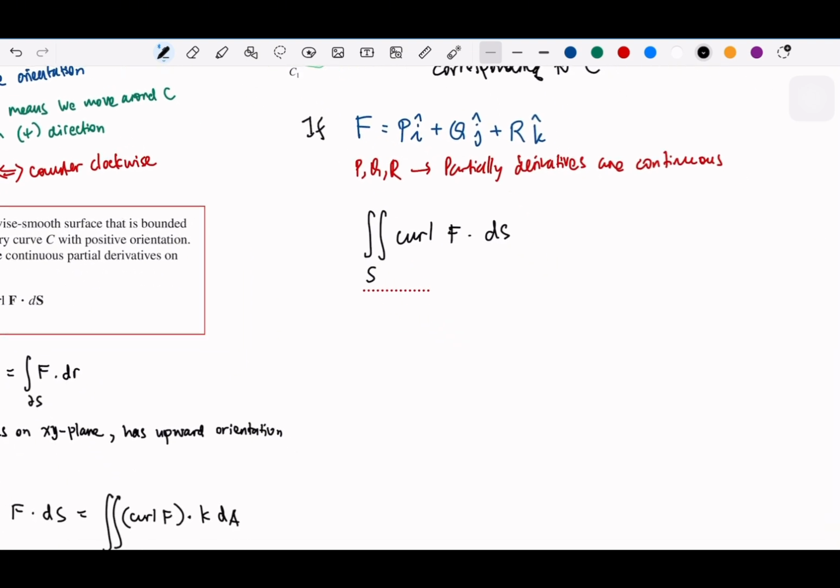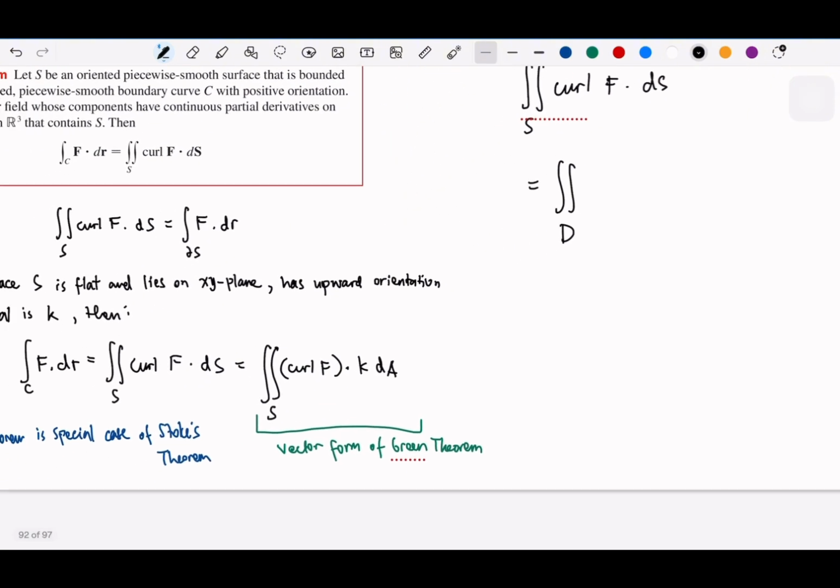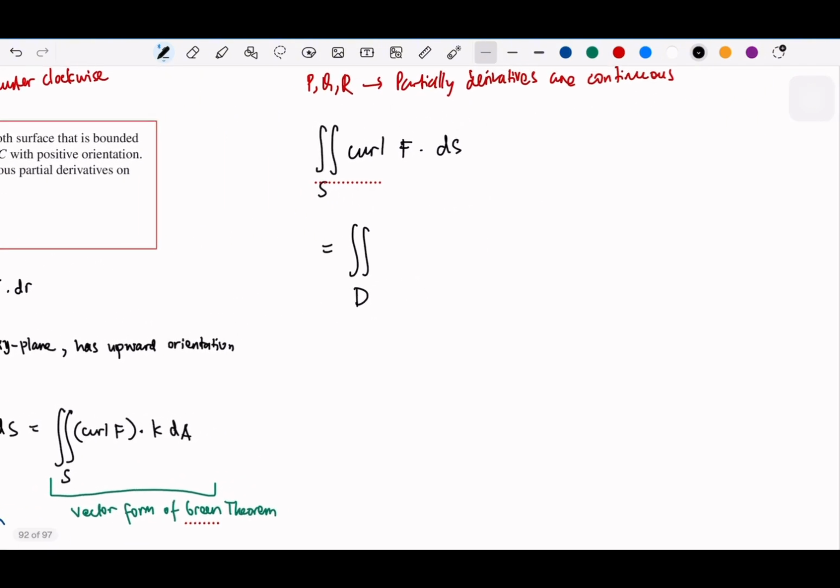I hope you know the curl. Basically it's a cross product. So we may have this will be a double integral over D. Basically this is taking you to this part here, which is the curl.